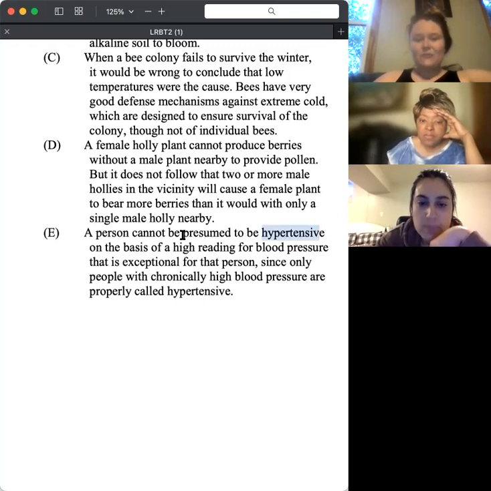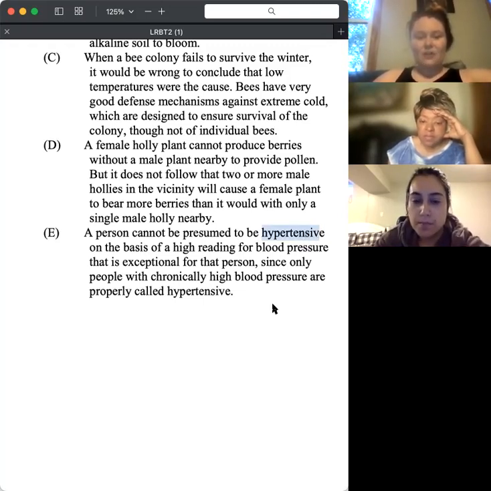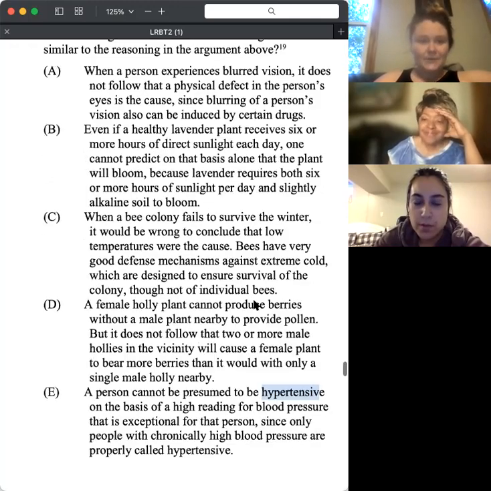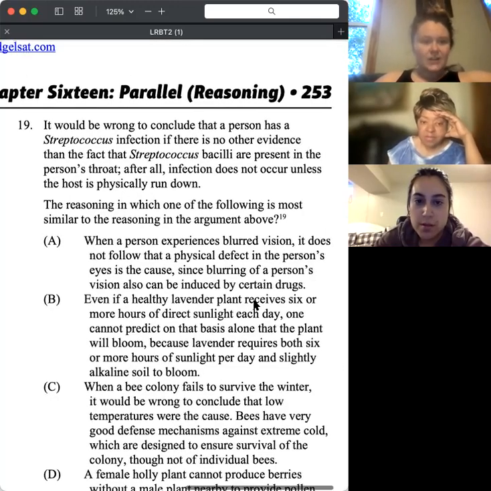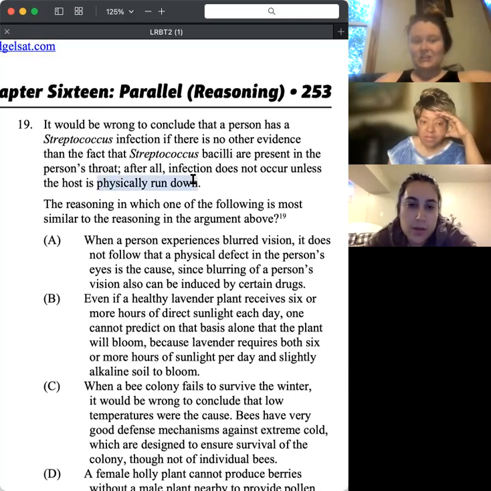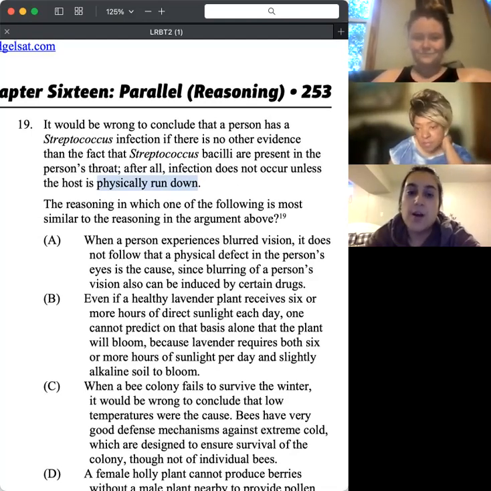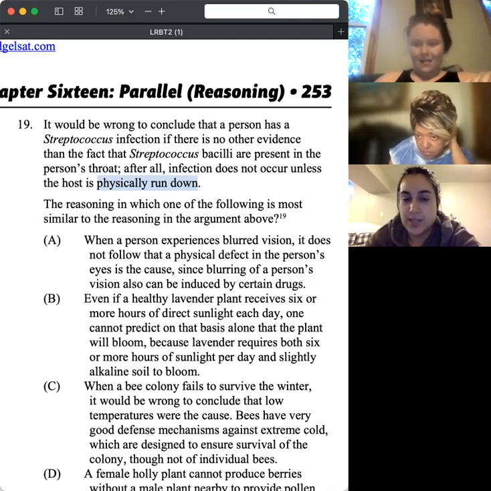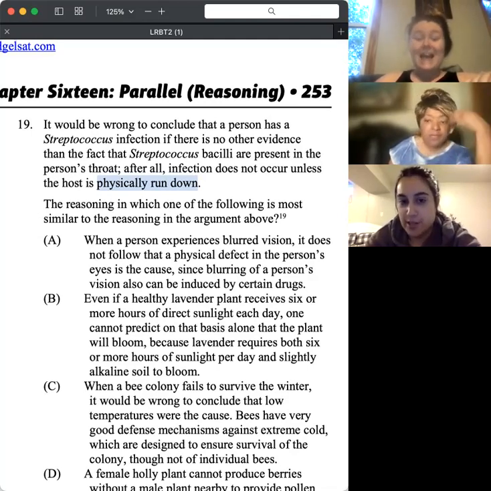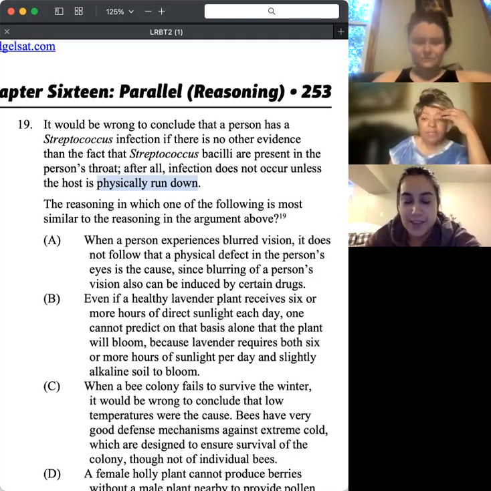Where we bring that in, you cannot be presumed to be hypertensive because only people that have chronically high blood pressure can be hypertensive. Where ours brings in a new condition, not the thing itself. This would be like saying infection does not occur unless the host has strep itself or something like that. Oh, okay, I see. It's an entirely new condition in general about infection, rather than the one specific to hypertensive. Okay.